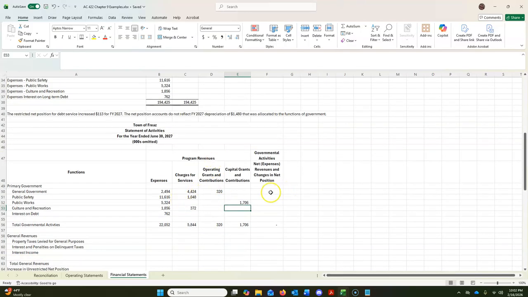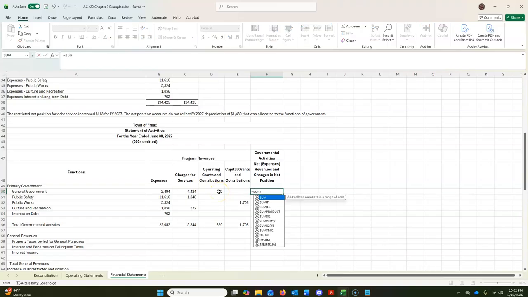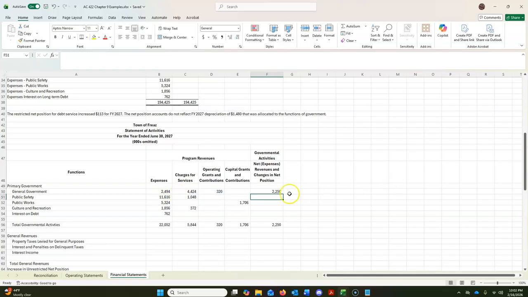What we're looking for for the net expenses and revenues is that charges for services, operating grants, and contributions are all financial dollars in, and the expenses are the amount out. The easiest way to do this is to sum these three columns of revenue and then subtract expenses, and that way I can just carry that amount down.